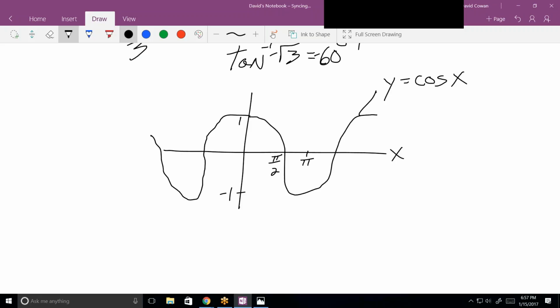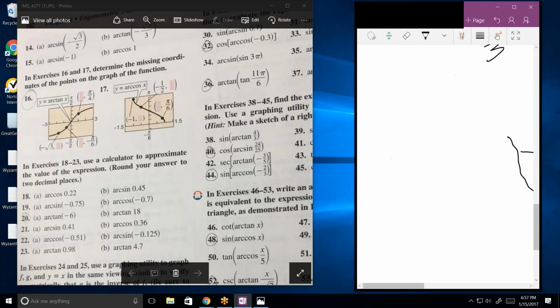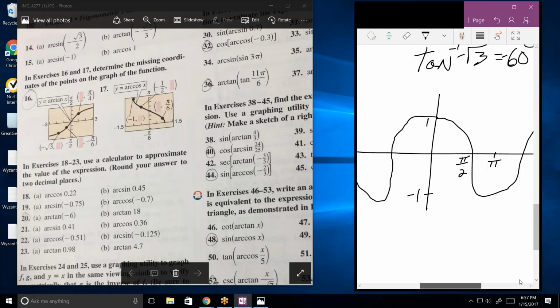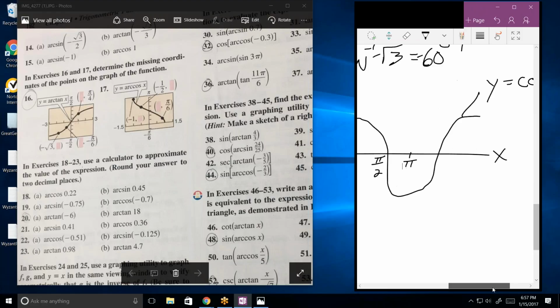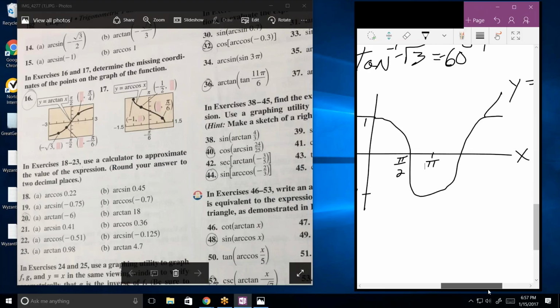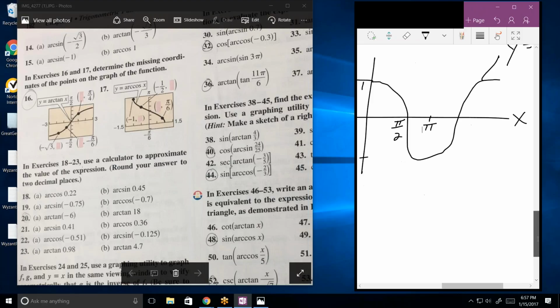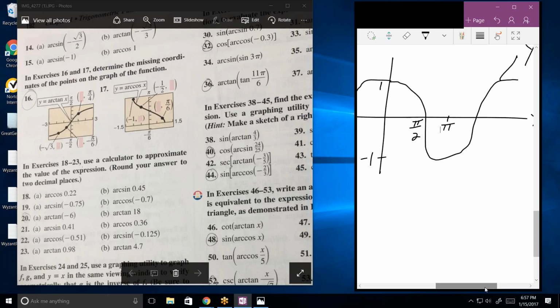Okay, so if I leave that up there, where is the cosine equal to -1? Looking at the far right of that curve, about pi.